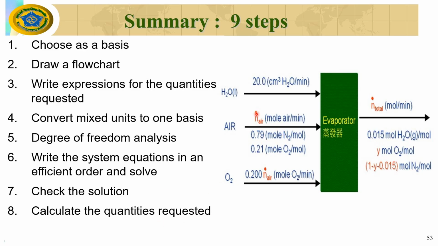You know, the question might not be asking for these 5 unknowns. It might ask you for the ratio of this and this. So you need to calculate the quantity requested. Number 9, do the final results, or do the scaling. So these are the 9 steps. Please keep this in your mind, and when you do the calculation, you won't make a mess or get yourself in trouble.